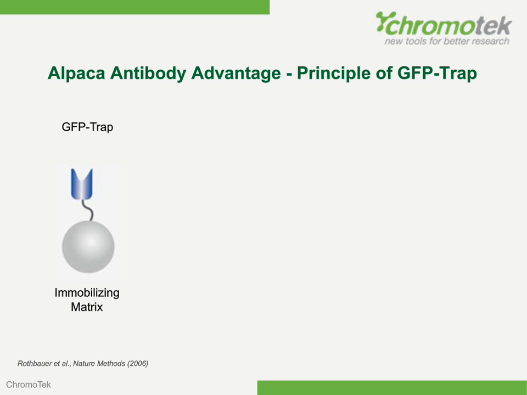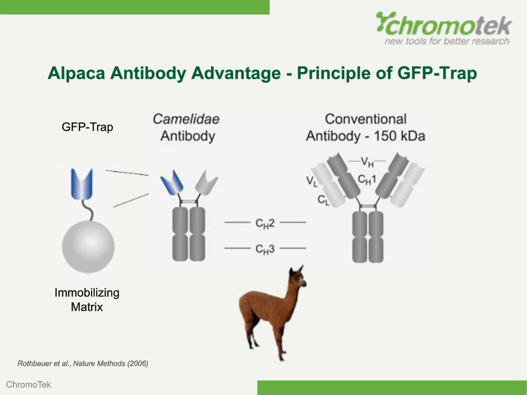So just a small excursus to immunology. Conventional antibodies have a size of about 150 kilodalton and consist of 2 heavy and 2 light chains. Camelids have, besides the conventional antibodies, also antibodies which are so-called heavy chain only antibodies, and they consist only of 2 heavy chains. And the antigen binding domain of these heavy chain antibodies is the smallest known naturally occurring antigen binding fragment.